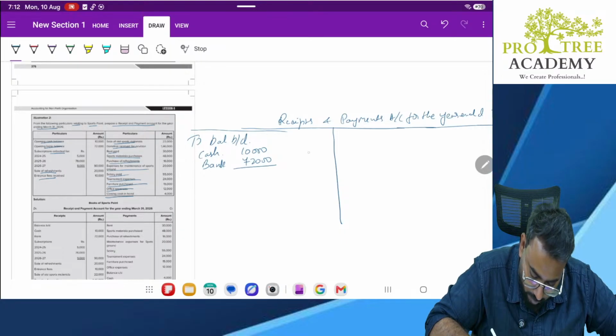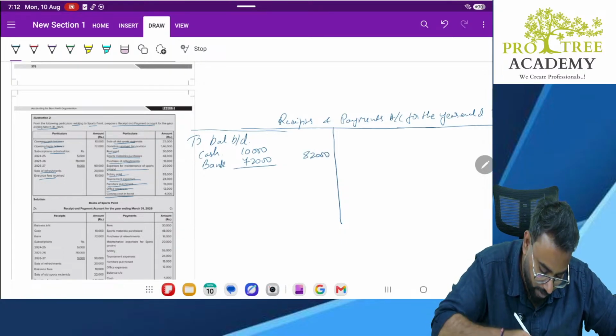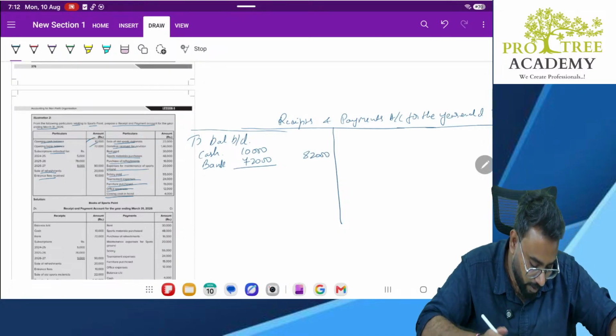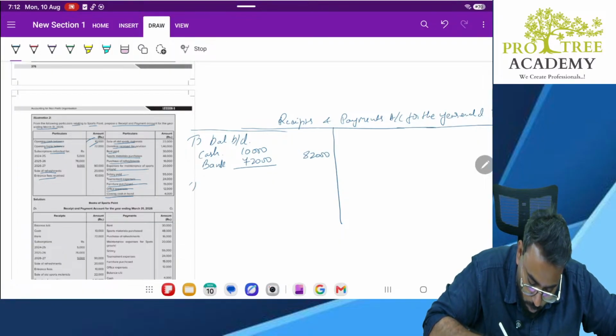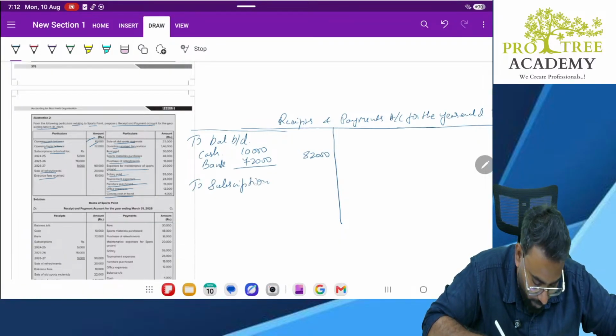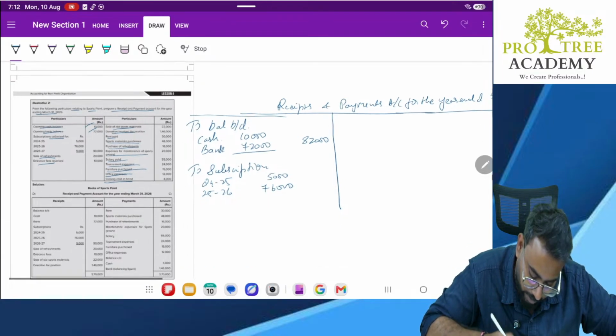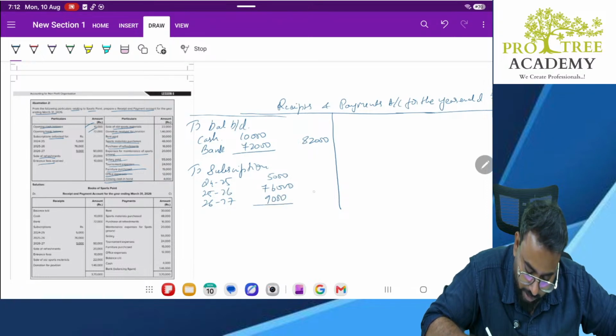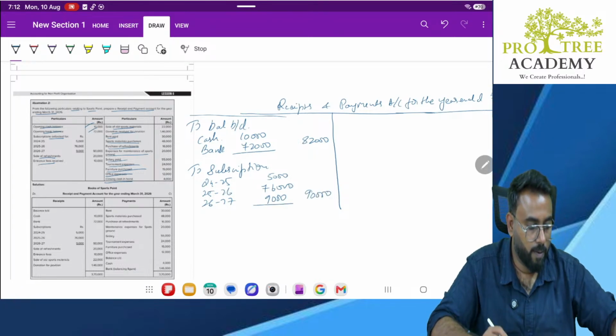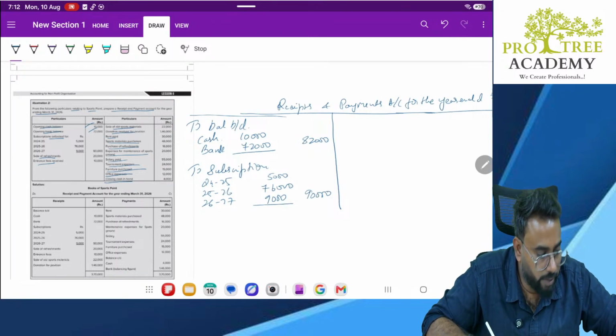Total 82,000. Correct? So these things are done. Next, subscription collected. To subscription: 24-25, how much? 5,000. 25-26, how much? 76,000. Then 26-27, how much? 9,000. Put together 90,000. Okay.